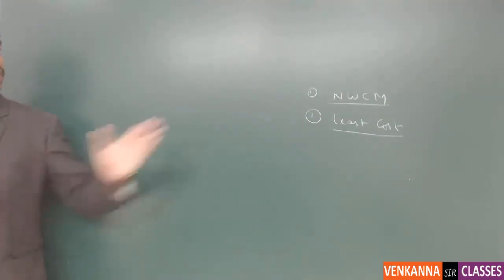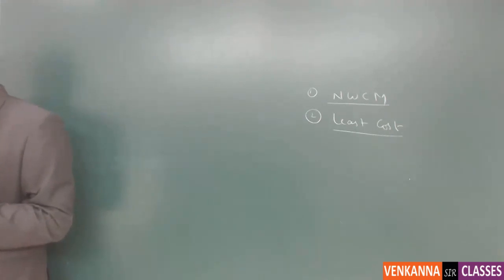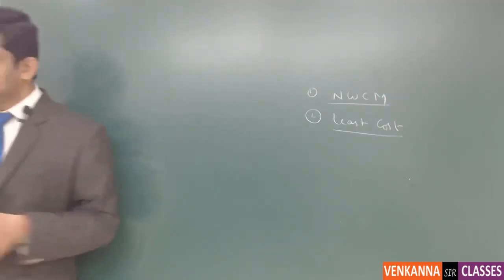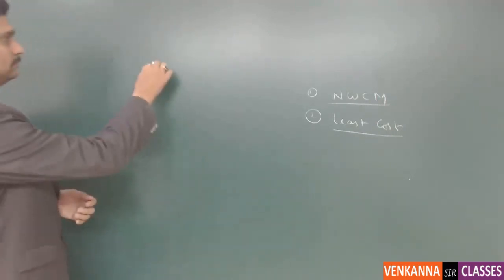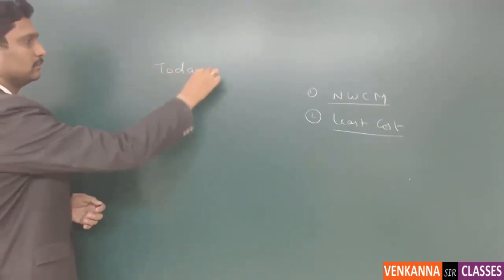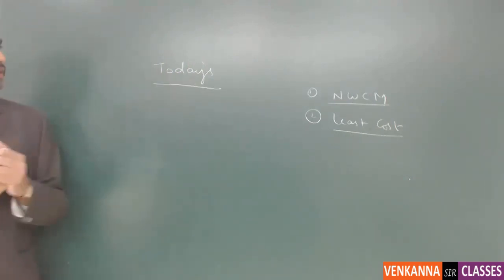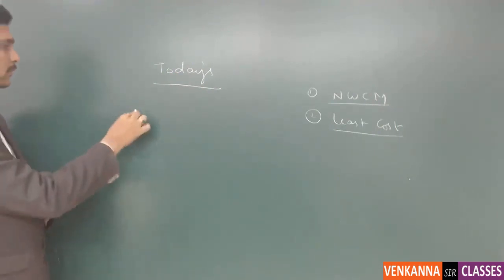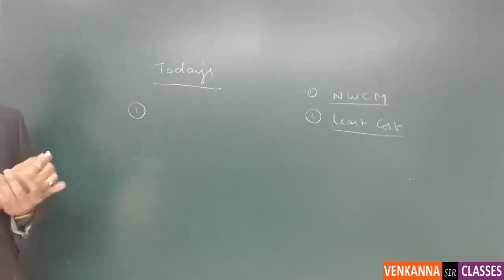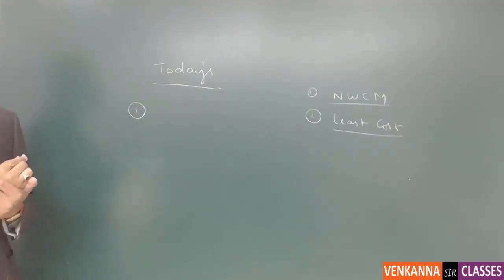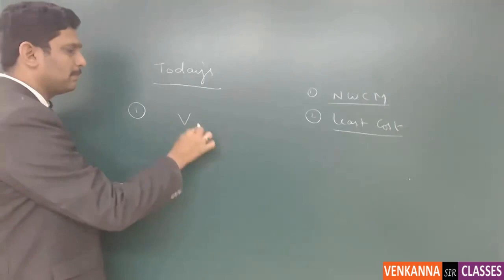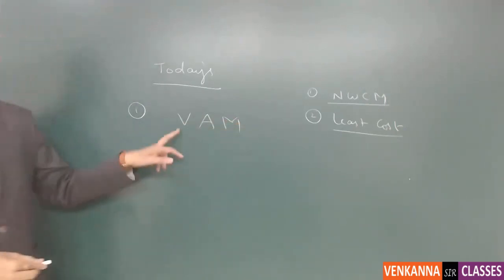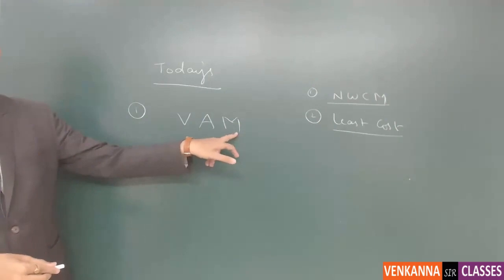If everyone is clear over these two methods, then I start with the third. Shall I? Thank you. The objective of today's session would be to discuss the transportation problem to find a feasible solution with respect to VAM, Vogel's approximation method.